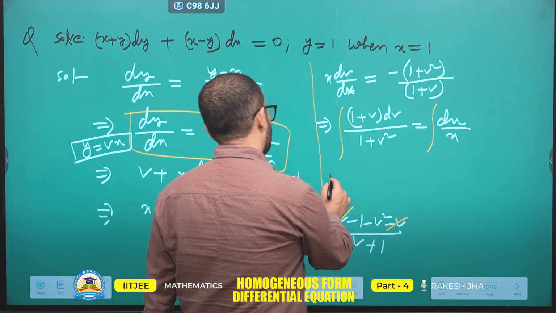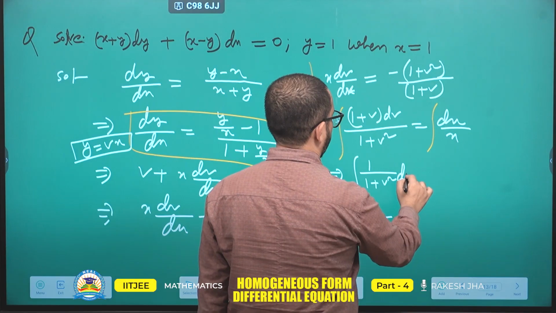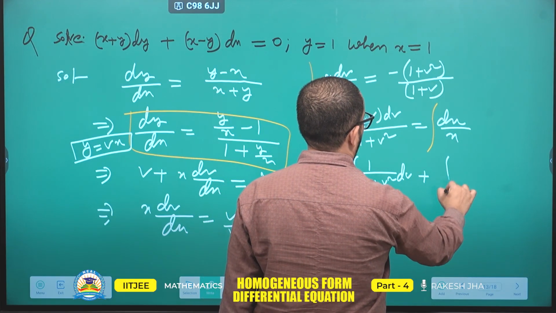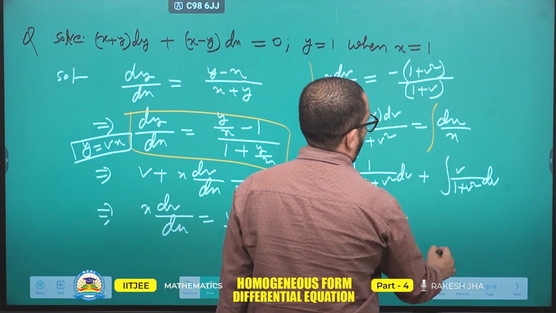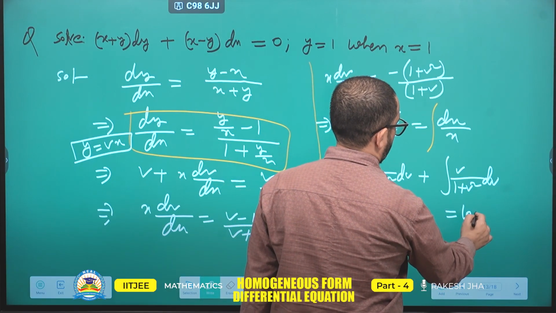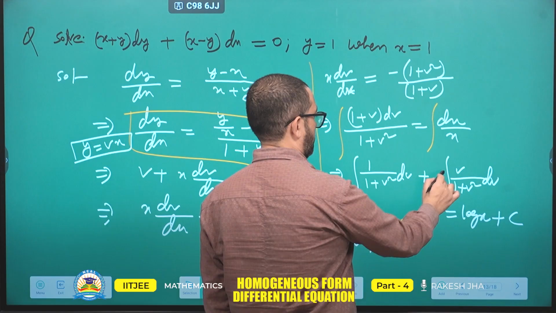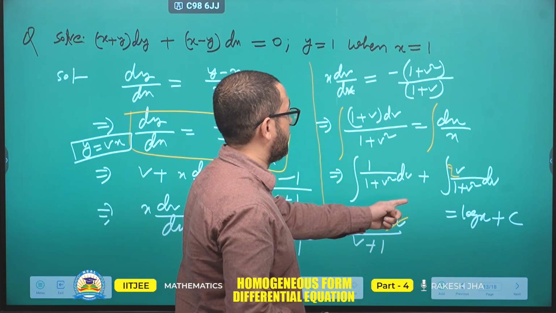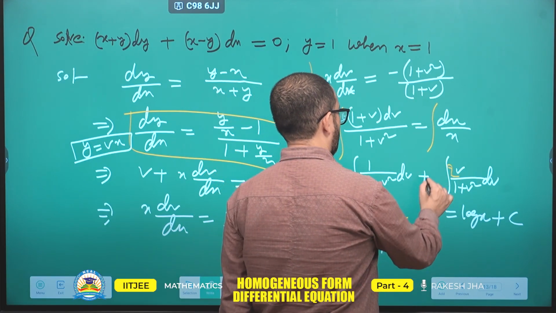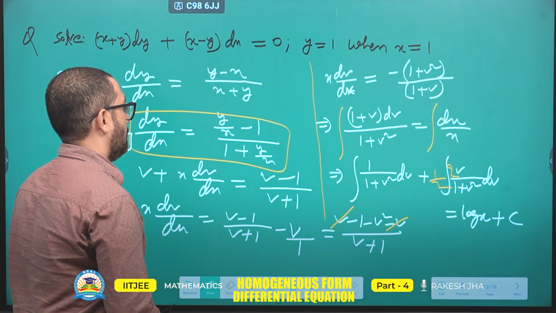So this can be written as integral of 1 over 1 plus v square dv plus integral of v upon 1 plus v square dv is equal to log x plus c. Now we go for substitution. The differentiation of 1 plus v square is 2v, so we can neutralize it by writing 1 over 2.